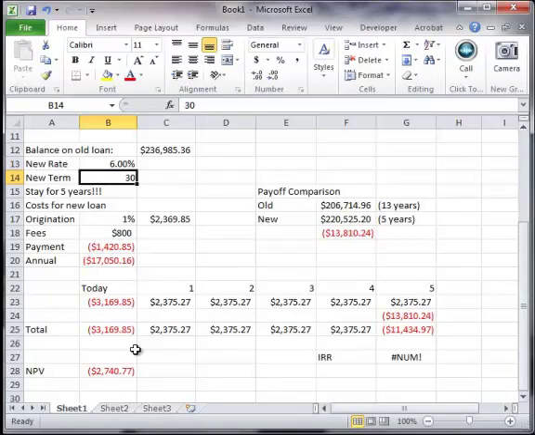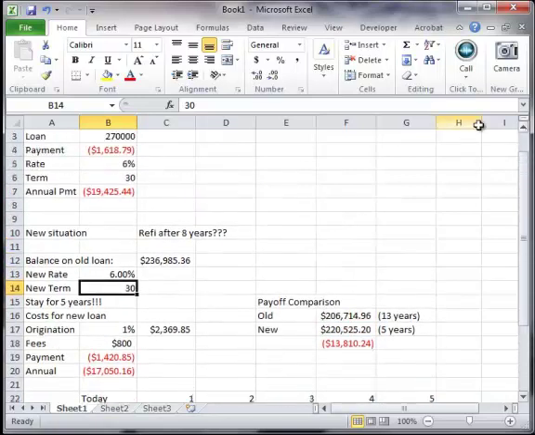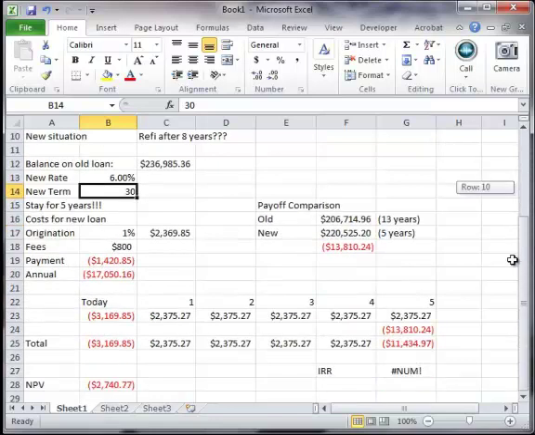And let's change it around a little bit here some more. If we go up here, change that initial rate. And in this case, we're going to go ahead and change the new rate to 5.5. And so it'll be an old rate of 6, a new rate of 5.5. We'll leave everything else the same here.